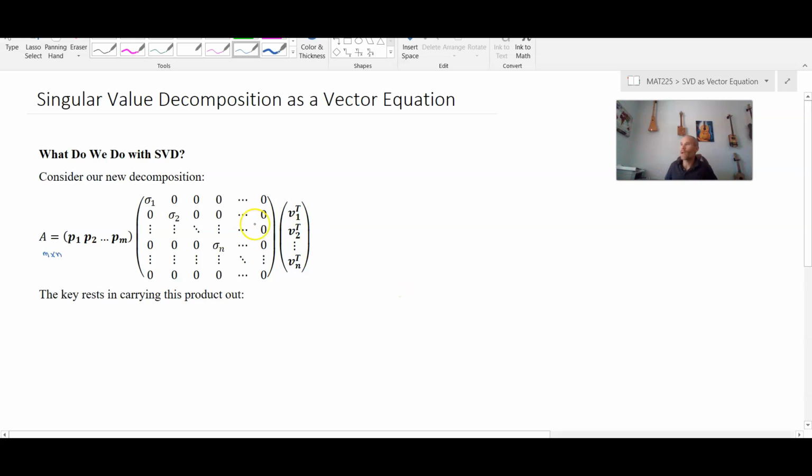So here I've just expanded out. We recall that A is equal to U times some matrix sigma times the V transpose matrix. As a reminder, V transpose has rows that are eigenvectors of A transpose A. The key is that they are the rows of V transpose.